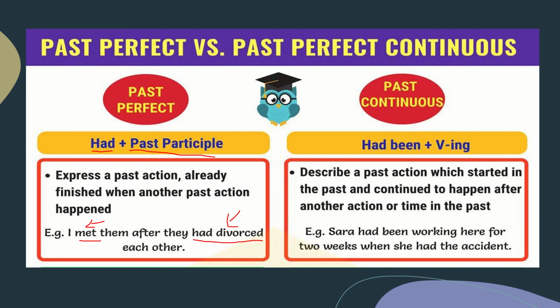And the past perfect continuous then is this. The form is had plus been plus the ing form of the main verb. Remember, been is the past participle of the verb to be, and had is the past of the auxiliary verb, the helping verb, have.